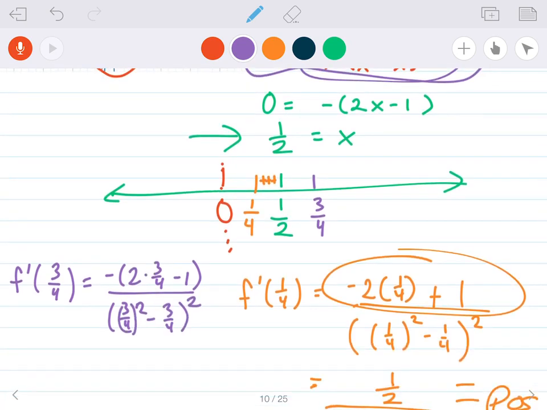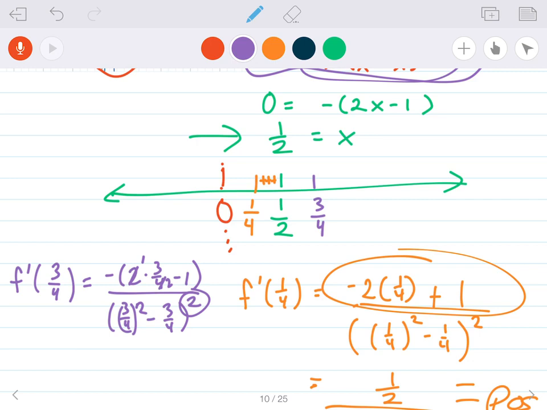Okay, well, I can see that the bottom is going to be positive. I'm going to get a negative number on the inside, but then when I square it, it's going to be positive. On top, what do I get? Well, 2 times 3/4 is just going to be what? 1.5, yeah.